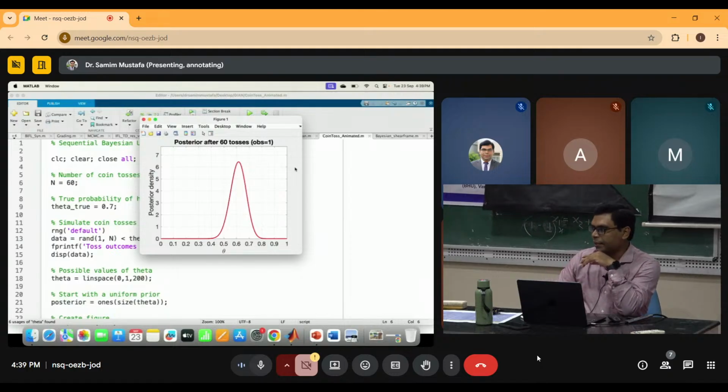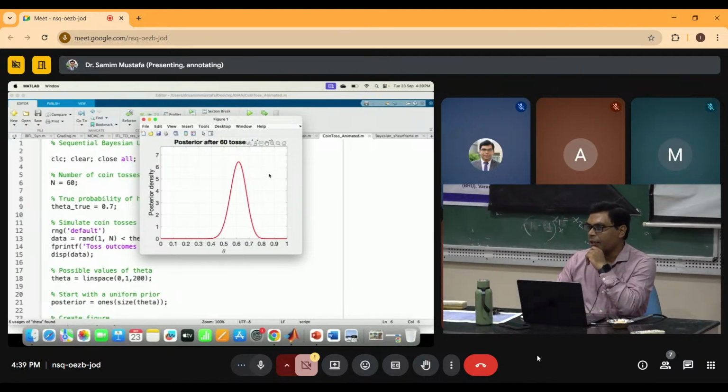See, when I increase the number of tosses, it is going further close to 0.7. So if I do this exercise 1000 times, probably it will align with the true mean of 0.7. You can check.